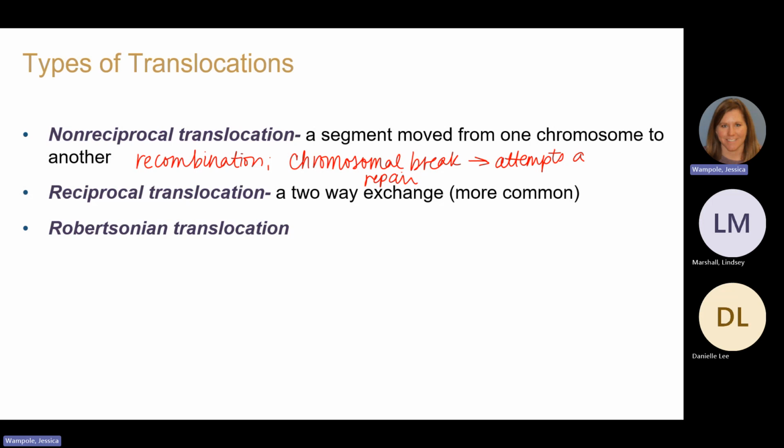More common is the reciprocal translocation. So this is where 2 chromosomes come together. What did I have?